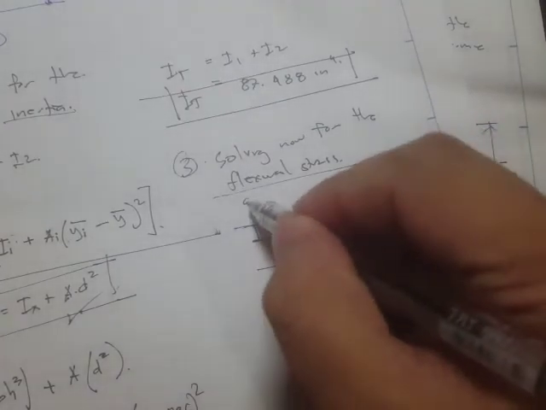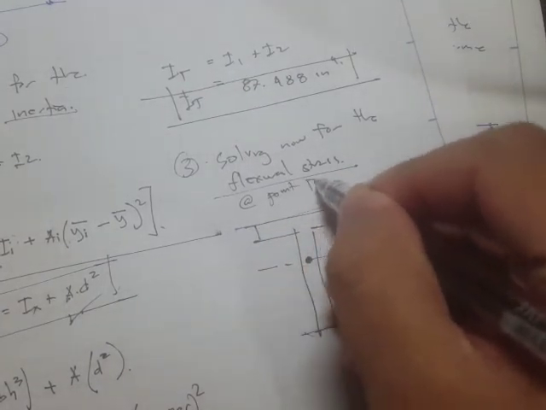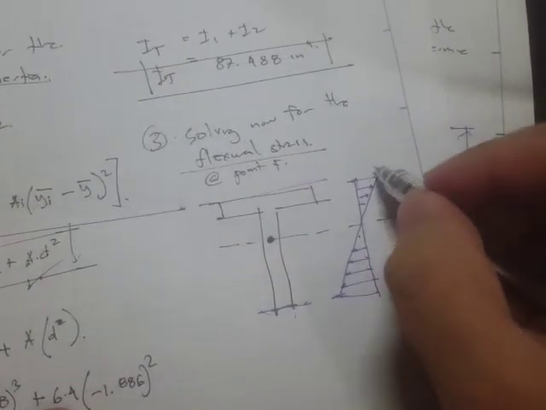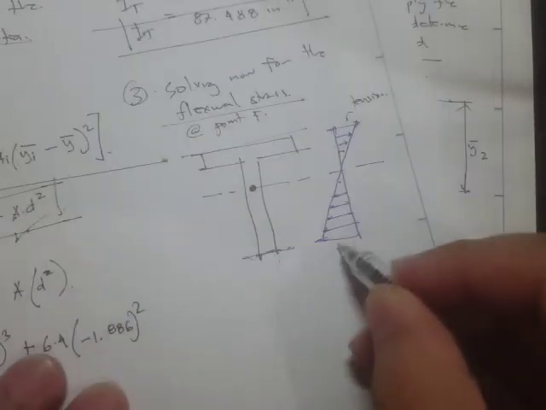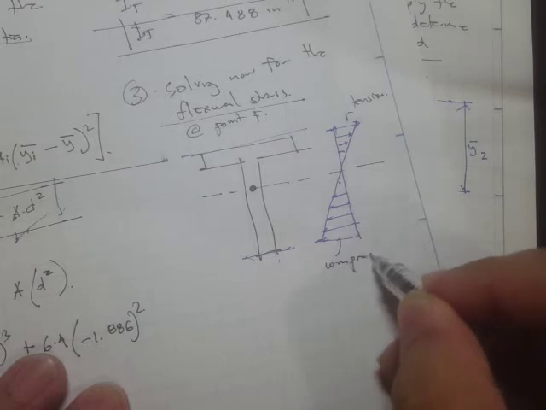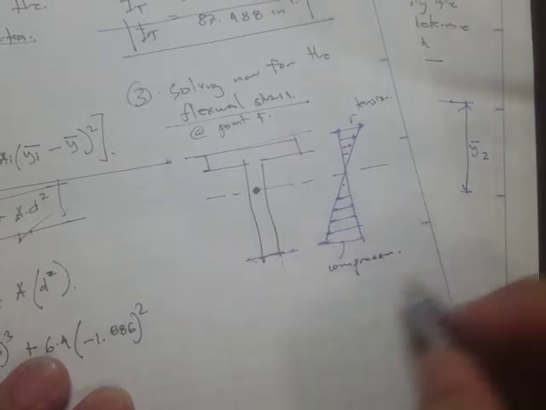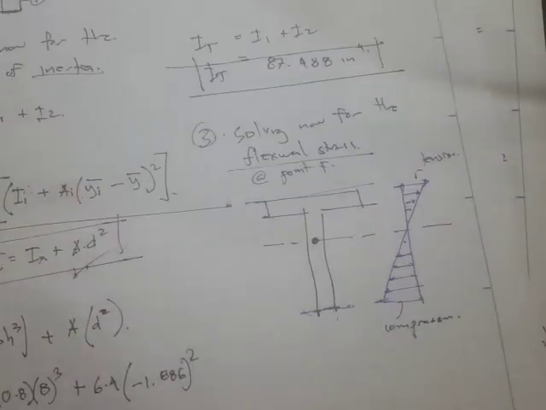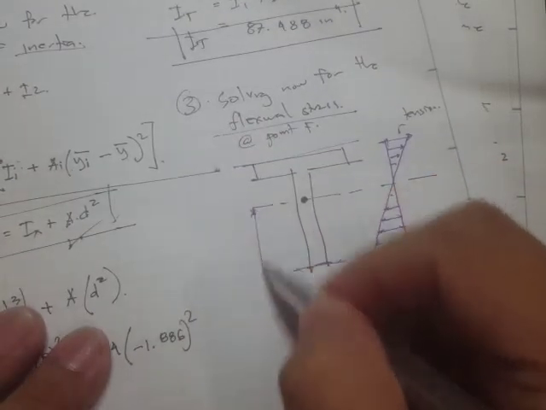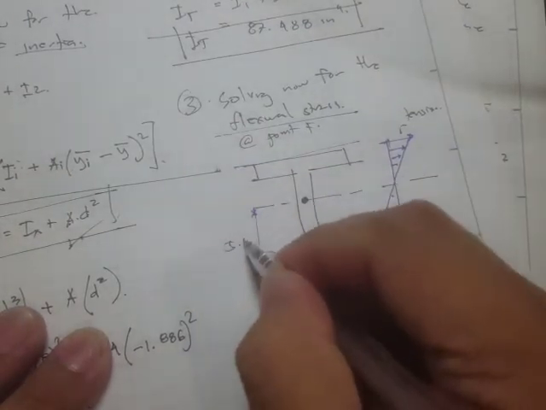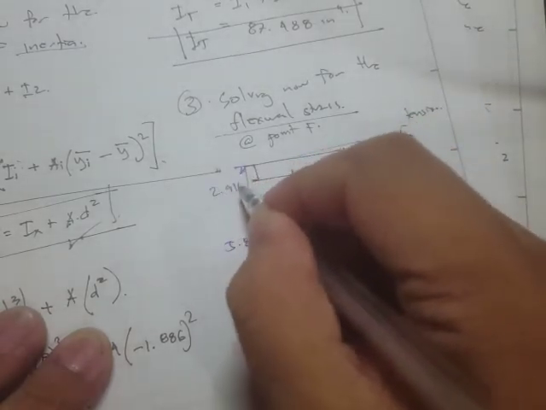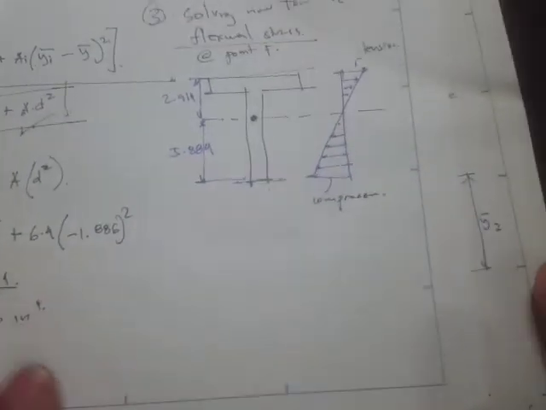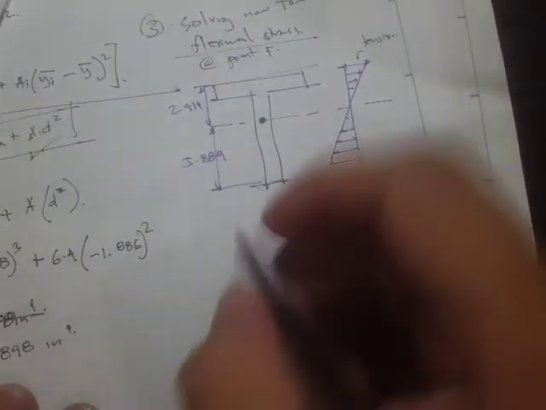Okay, at point F, we have this stress distribution. We have tension here on top, and compression at the bottom. Recall that the distances we have are 5.884 and 2.914. Now let's apply the flexural formula.